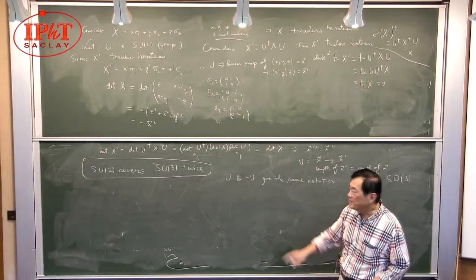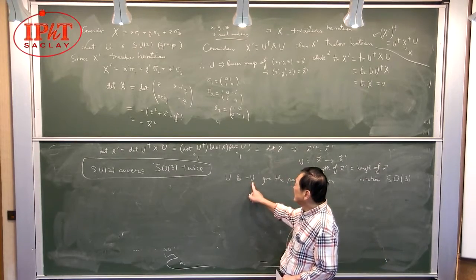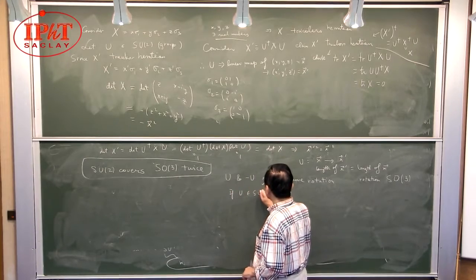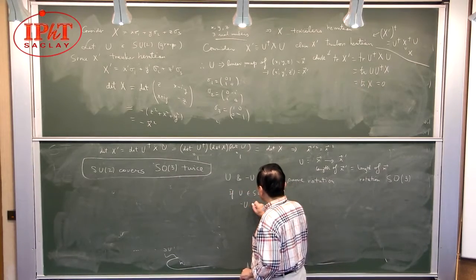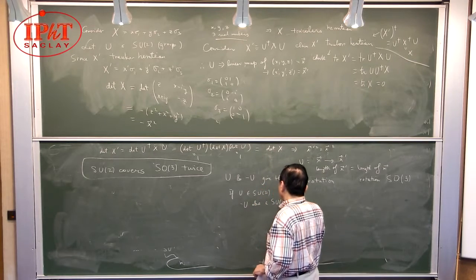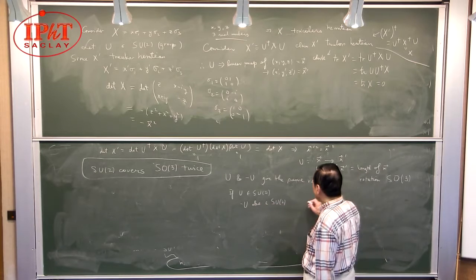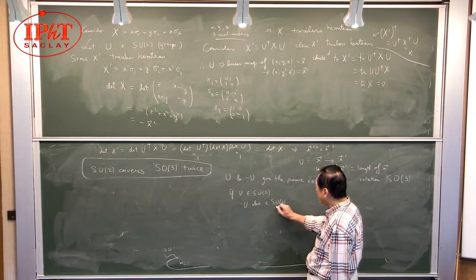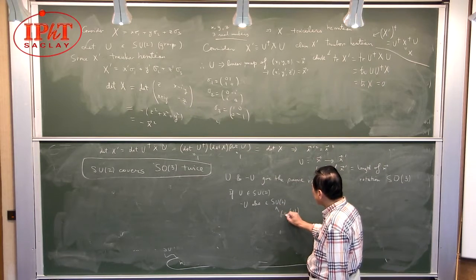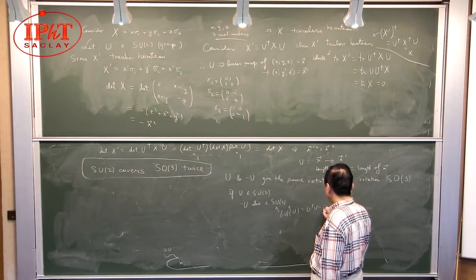Now notice u and minus u. If u belongs to SU2, then minus u also belongs to SU2. And this is not a trivial statement. The unitary part is easy, because minus u dagger times minus u is equal to u dagger u, which is equal to 1.